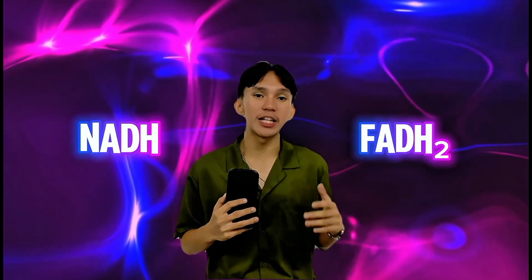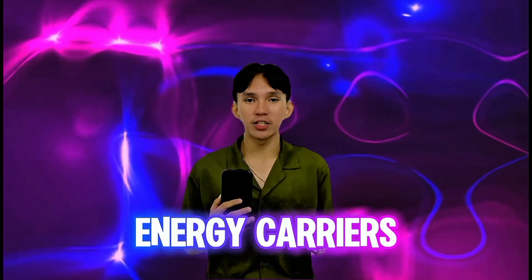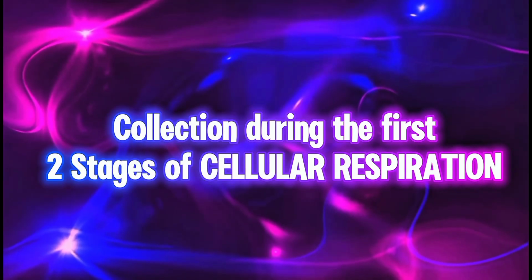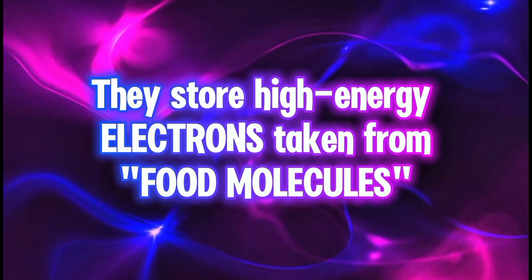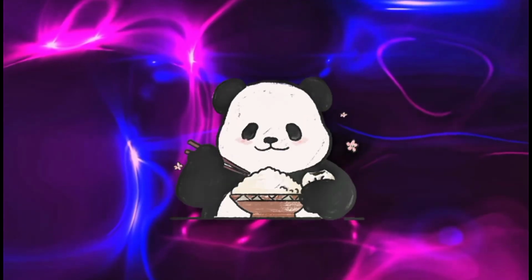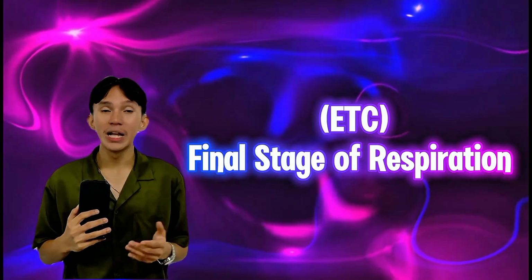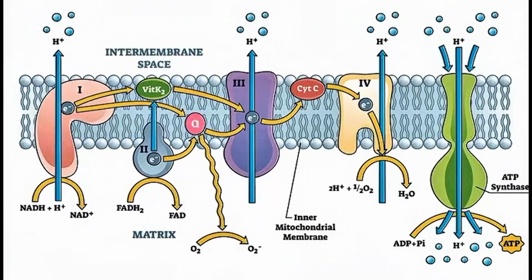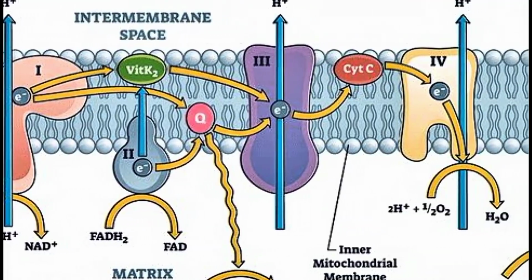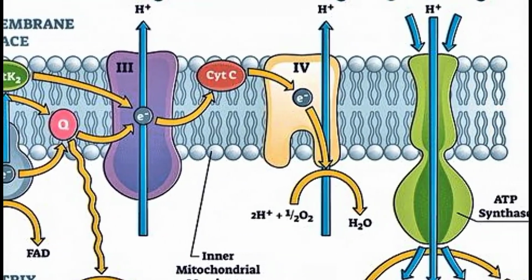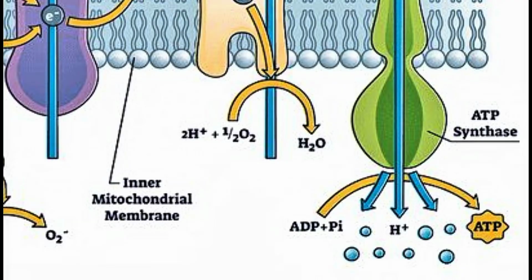These NADH and FADH2 are like energy carriers that we have been collecting during the first 2 stages, glycolysis and the Krebs cycle, where they store high energy electrons taken from food molecules we intake. Now that we've reached the final stage, the ETC, these carriers will deliver their electrons to the chain. And this is where all the stored energy they've been holding will finally be utilized to produce ATP, the main energy currency of the cell.